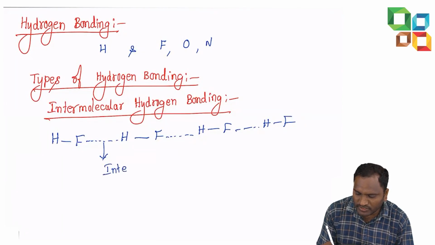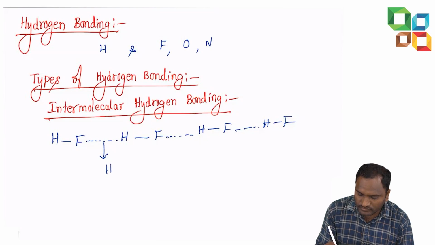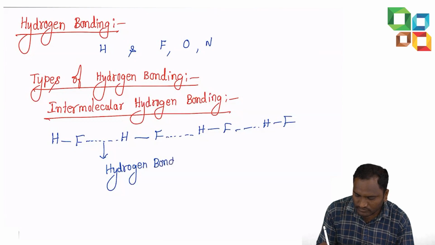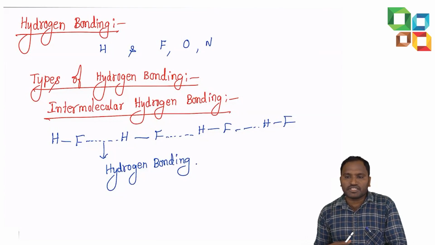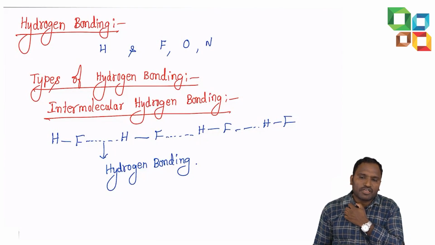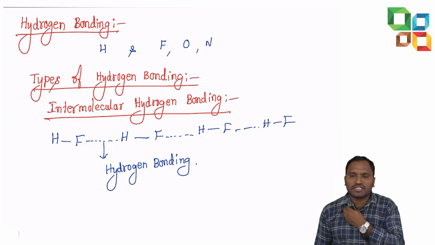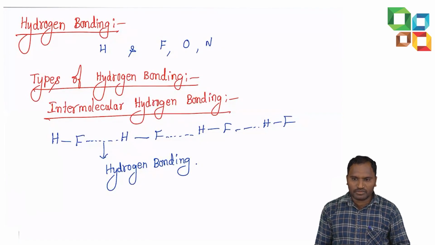It is an example for intermolecular hydrogen bonding. A few more examples and properties of hydrogen bonding I'll give, and the last concept, molecular orbital theory, is there, students. Next class I'll finish. So prepare well.